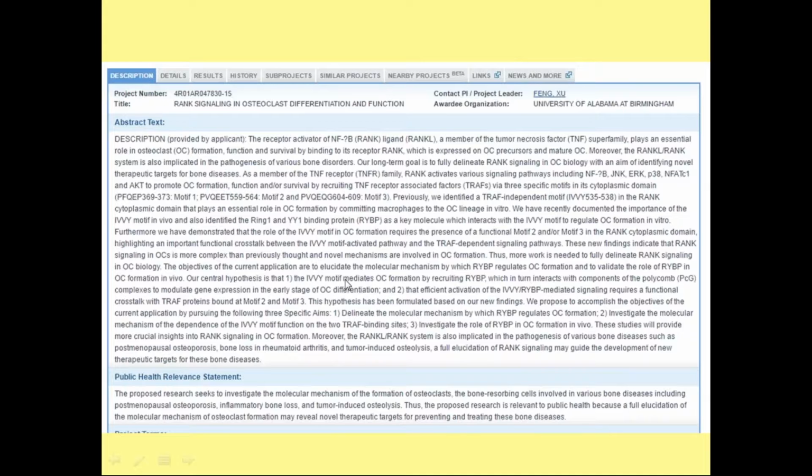I think it's always good in an abstract if you can put that one little sentence, our hypothesis is formulated based on what we found so far, and the way we're going to test our hypothesis in our experiments are going to be the specific aims, 1, 2, 3. So they've explained what this issue is that they're interested in, they've explained what their new hypothesis is that's based on their data, and then they've given you an idea of what it is they want to do.